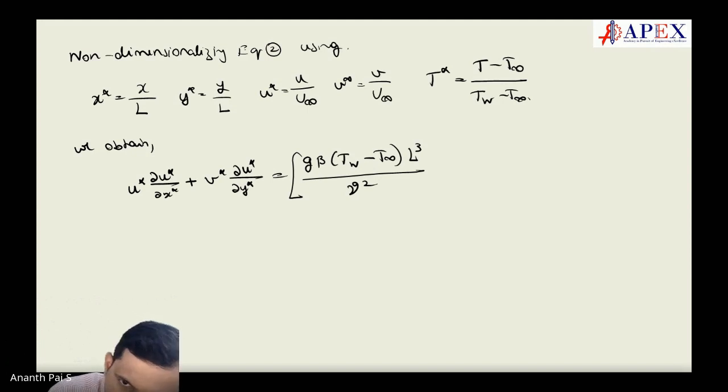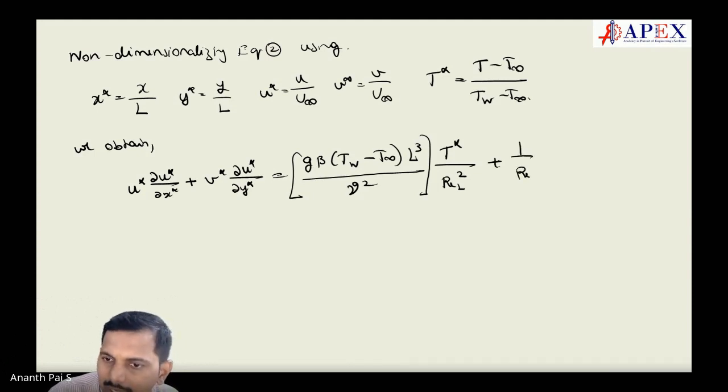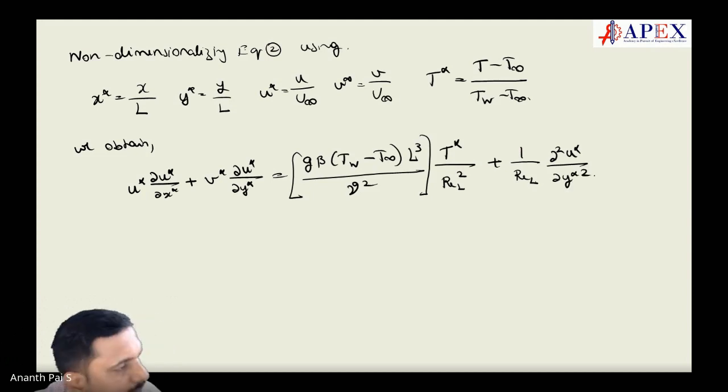And then you have here T star divided by Re_L square plus 1 by Re_L into dou square u star by dou y star square. It's a complicated derivation, students, that's why I have skipped it. Let's write it along with me.